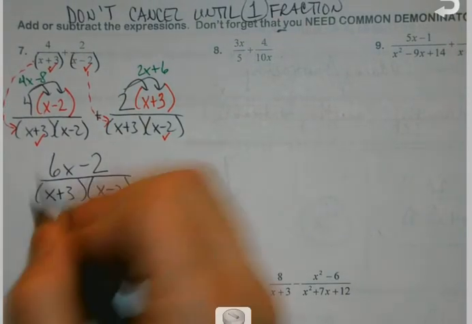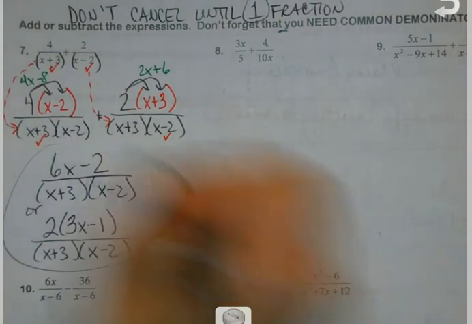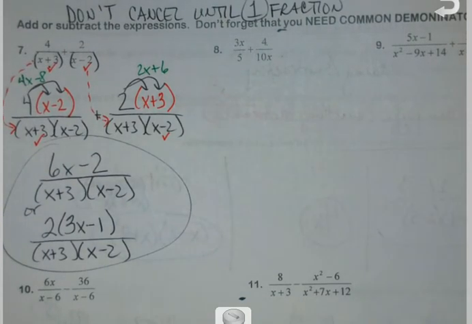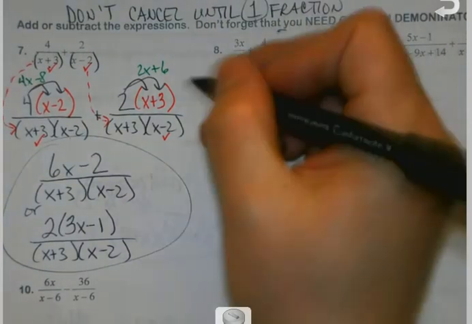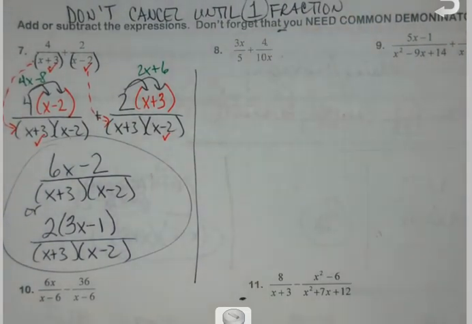So technically, either of those would be right. But again, about the time you don't do that last step, something's going to cancel, and then you're going to lose points. And you're going to be like, oh, why didn't I just do it? So that kind of needs to be the attitude we take towards that. Okay. So number 8. Number 8, we're going to have to do a little thinking this time.